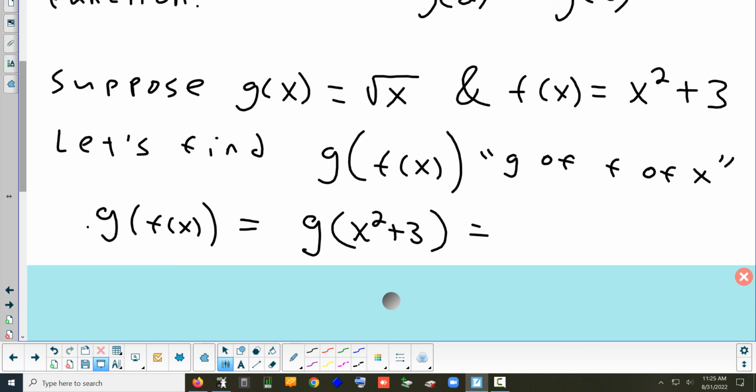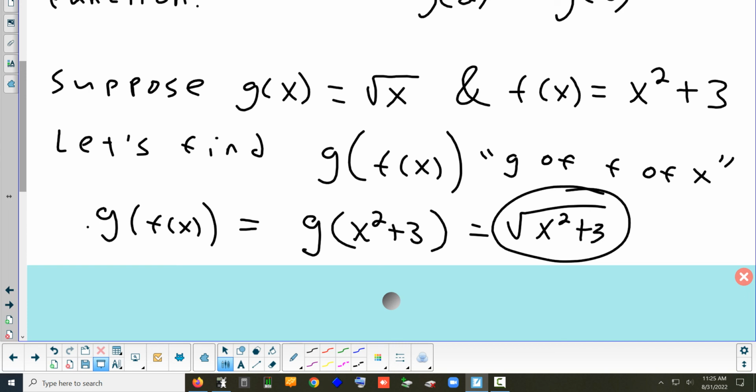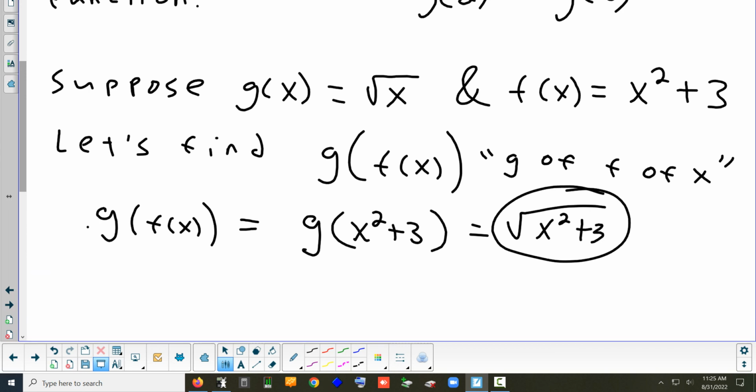So what would be my answer when I do what that says? Just do the square root of x squared plus 3. Yes. And that's it. That's the composition of g of f of x. Domain and range gets a little trickier, so we'll talk about that.